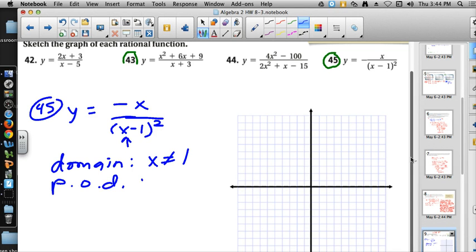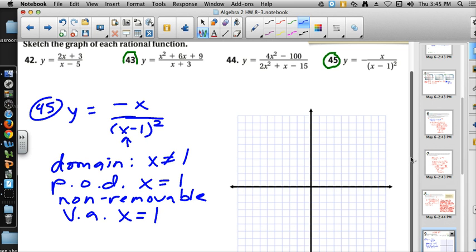So point of discontinuity, x equals 1. Removable or non-removable? Well, we cannot cancel that x minus 1 factor out anywhere. So this is non-removable, which tells us that there is a vertical asymptote at x equals 1.